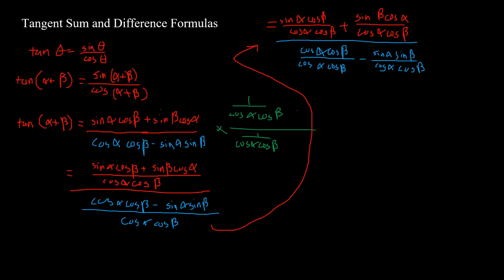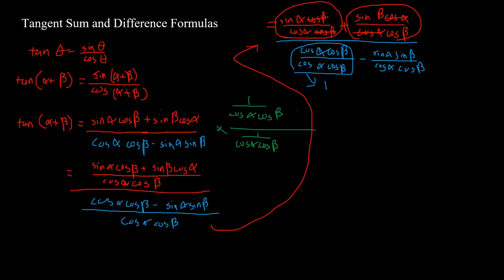So now let's start simplifying. So first, you can see how there's a cosine beta in both the numerator and denominator of this term, so we can just cancel that out. And we're also going to cancel out the cosine alphas in this term. And notice that this term in the denominator is just going to be equal to 1, because it's cosine alpha cosine beta over cosine alpha cosine beta.